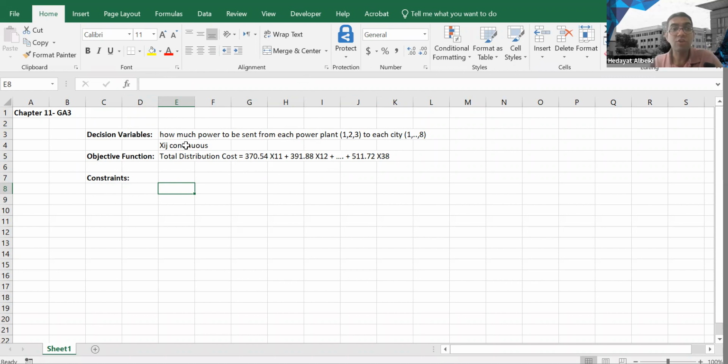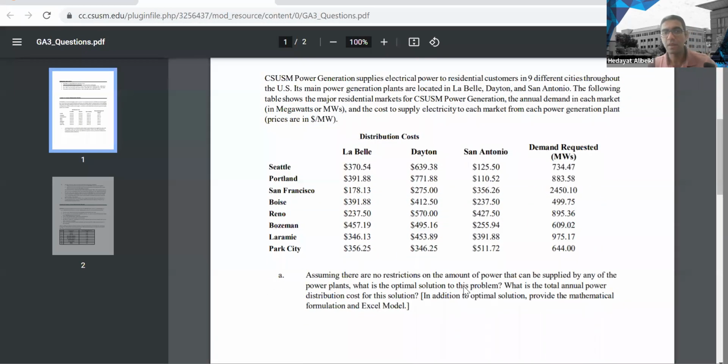You need to have a criterion for defining optimality. How do you say a decision is optimal, or better than another decision? You need a clear, linear objective function. And then you need a set of constraints.